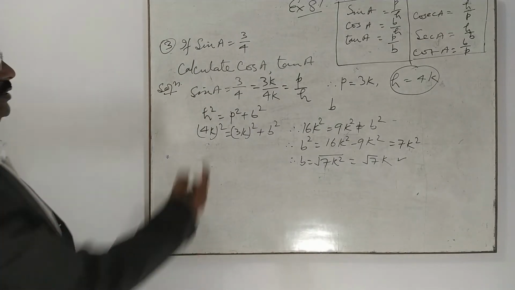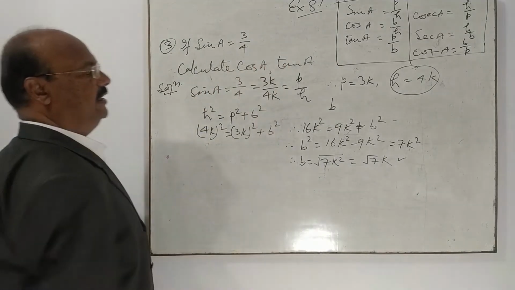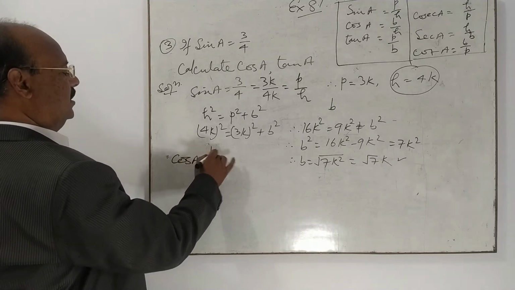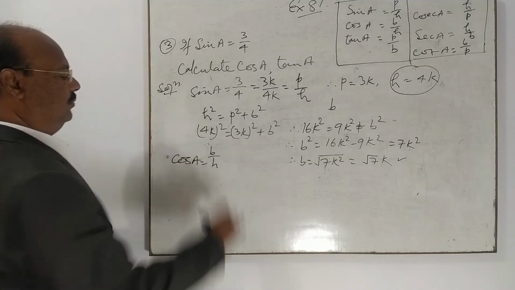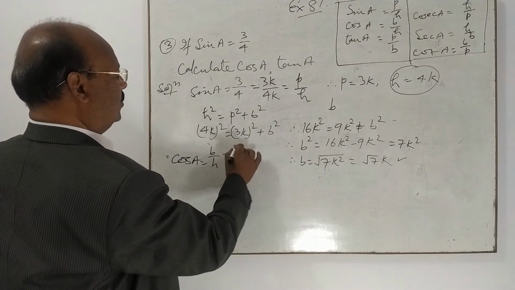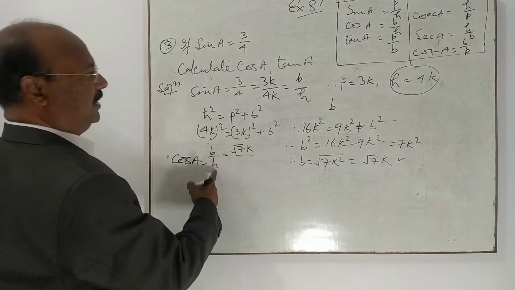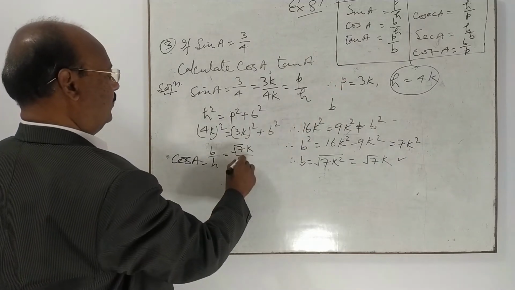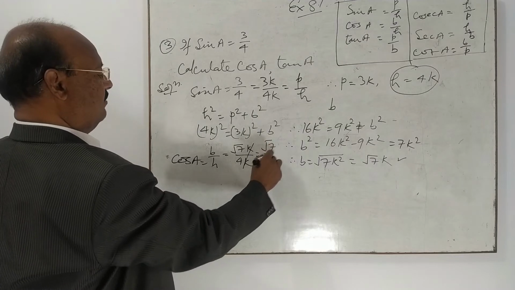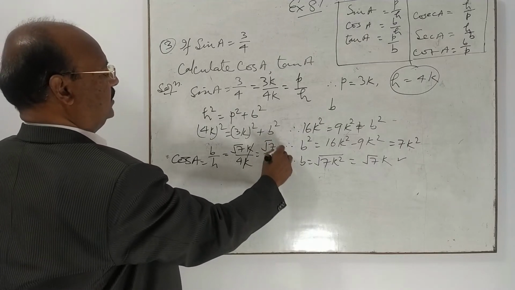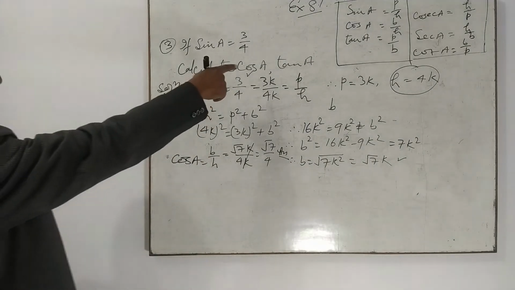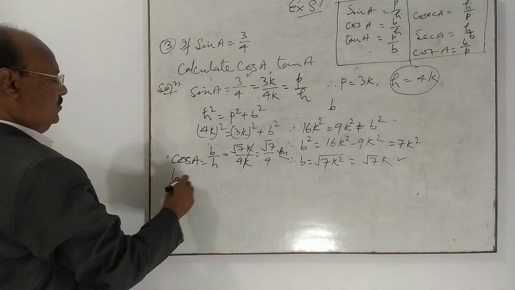Now we can calculate cos A and tan A very easily. You know cos A is B by H, base by hypotenuse, and B is root 7 k, and H is 4k. So finally k will be cancelled out. The answer will be root 7 by 4. This is the value of cos A. Similarly, we can calculate tan A also.